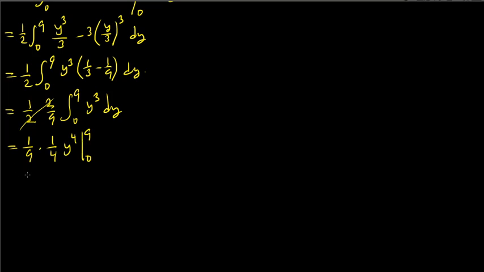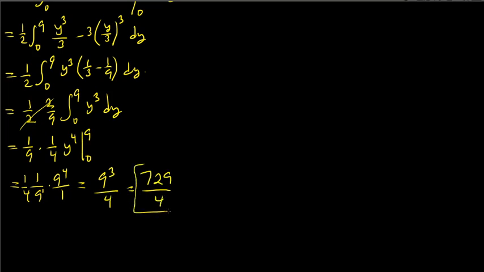So you just get 9 to the 4th minus 0 to the 4th. I'm going to leave the 1 over 9 here, because this is just 9 to the power 4 divided by 9 to the power 1. So that's 9 to the power 3 divided by 4. And I think that's 729 over 4. So that should do it.